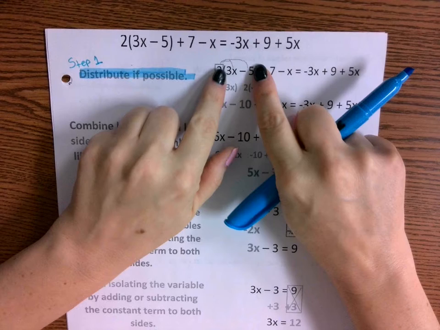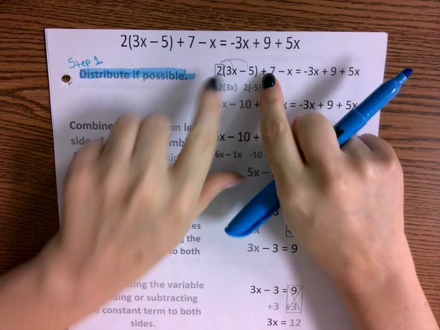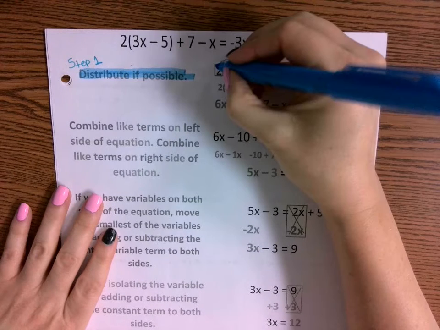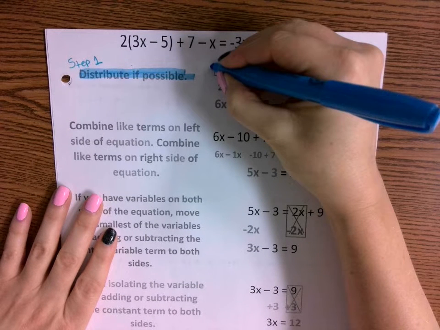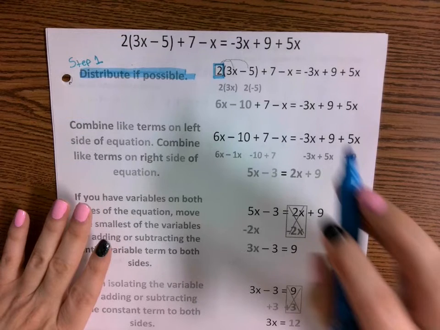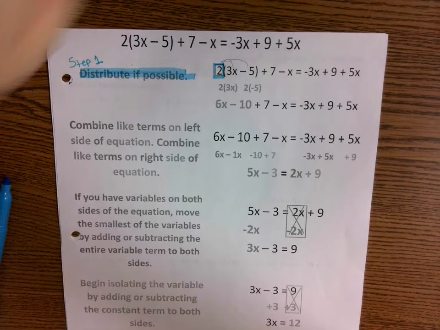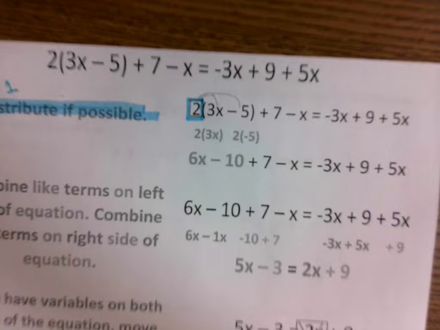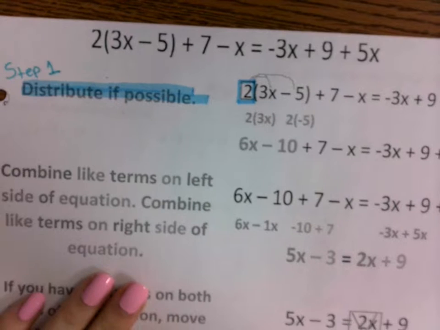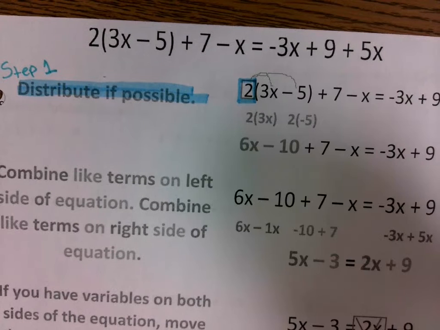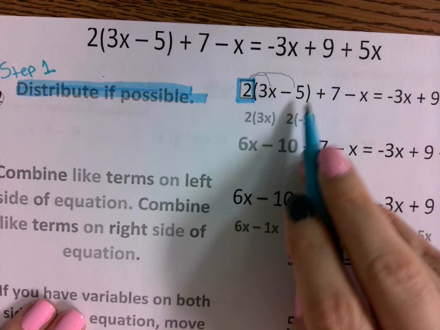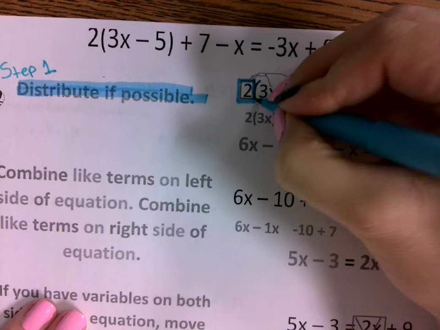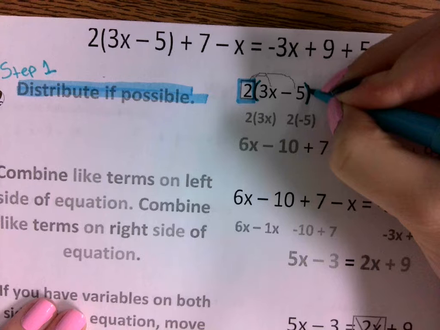Right here in this situation, we do have one value, the 2, that can be distributed. I'm going to zoom in so you can see it easier. It can be distributed to the 2 terms inside of this parentheses set. The parentheses indicates that this is a quantity that needs to be multiplied by the value 2.